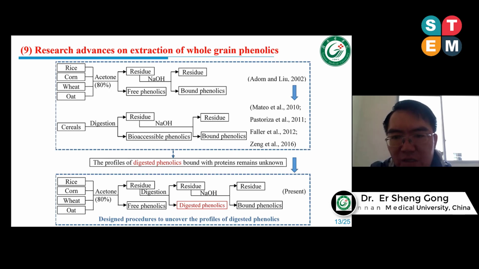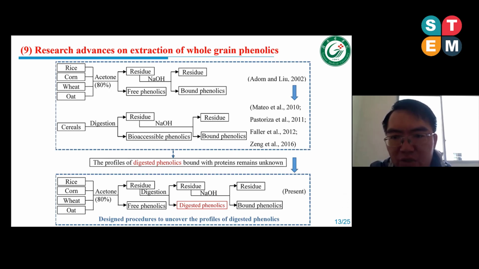However, the profile of digested phenolics released by gastrointestinal digestion after extraction of free phenolics remains unknown.